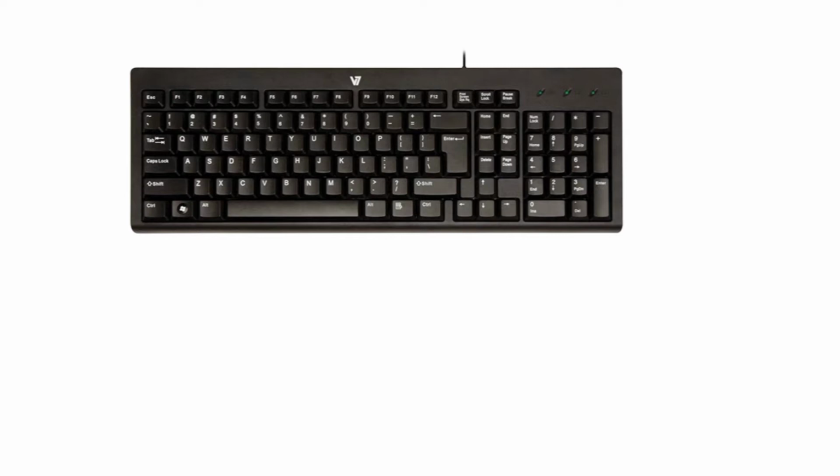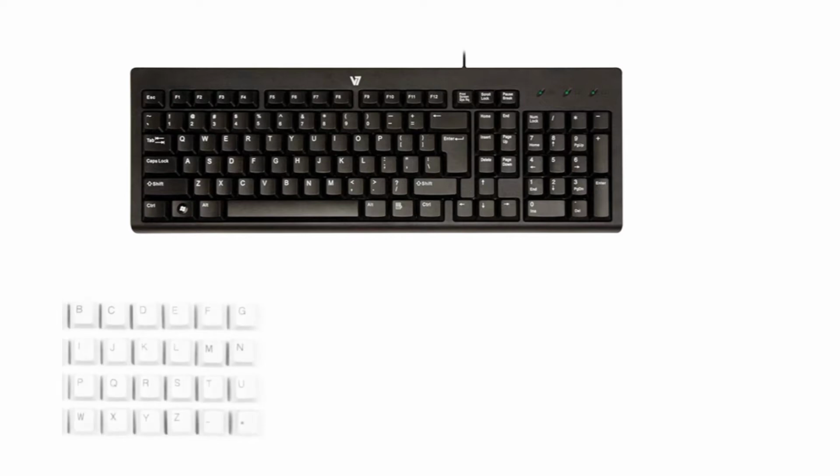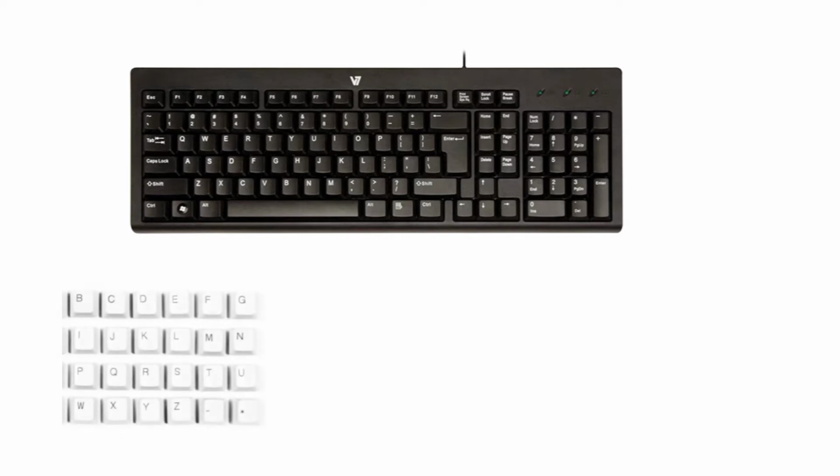Now, the keys on a keyboard can be divided into several groups based on functions. First is alphabetic keys or typing keys. These keys include the letters, punctuation, and some symbols.